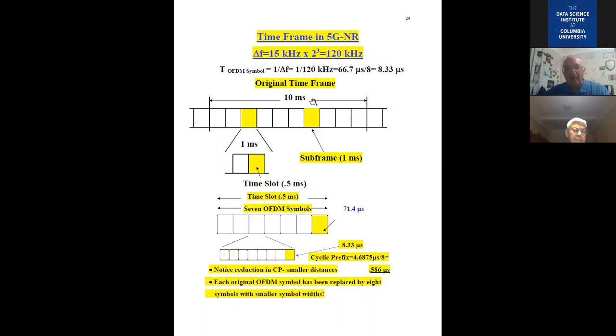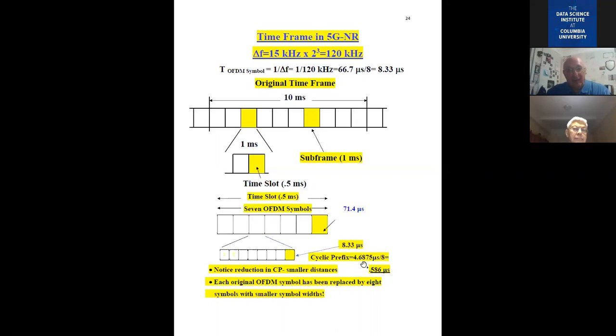If I now, instead of using delta F 15 kilohertz, multiply this by a factor of 8 and go to 120 kilohertz, the size of my OFDM signals goes down by a factor of 8. So I originally had one of these, which was 71.4 microseconds. I now get 8 of these, and each one is 8.33 microseconds.